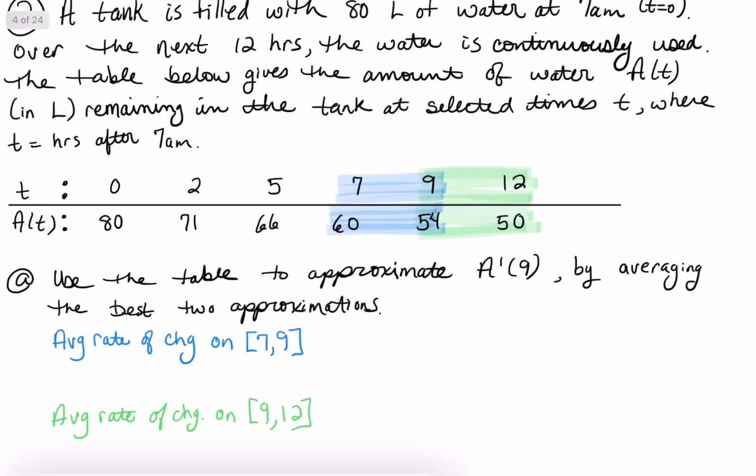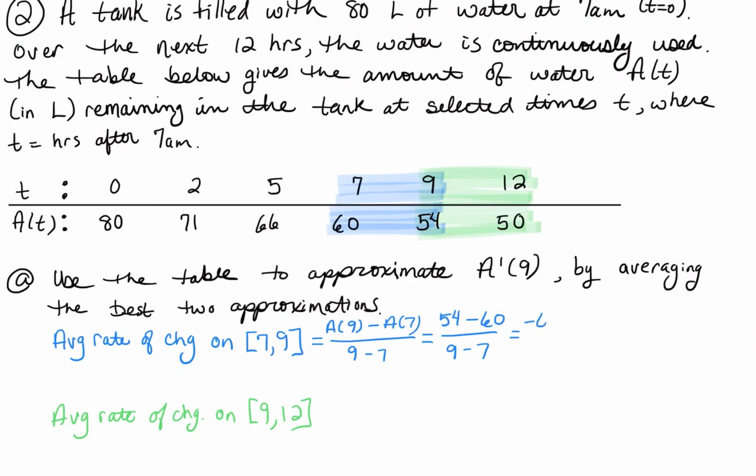Average rate of change is really just slope, right? It's change in y over change in x. It's the change in the outputs, A of 9 minus A of 7, divided by the change in the inputs. I wouldn't even expect you to write that out. We would probably just say it's the change in the output values divided by the change in the input values. So what do we have here?